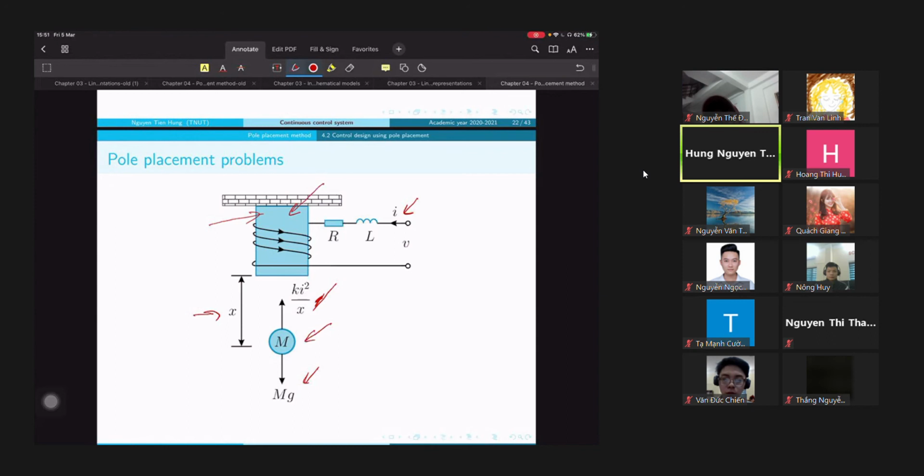So you can push something off of the ground without anything in between. But this is also a very good example to see how to make a controller for this problem.